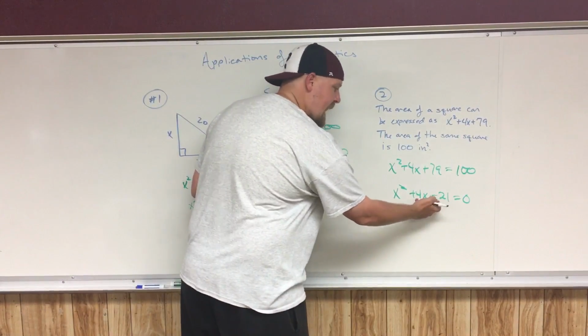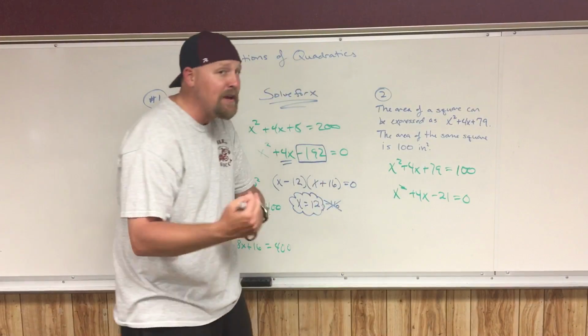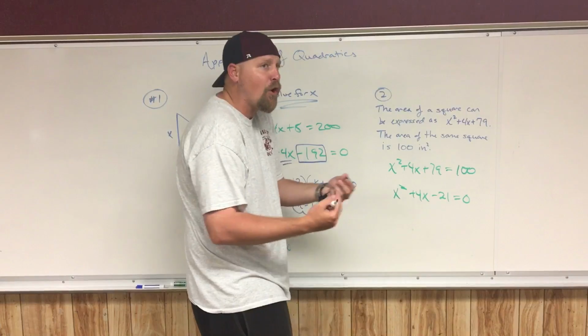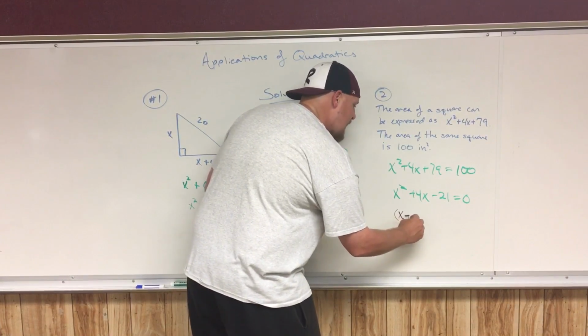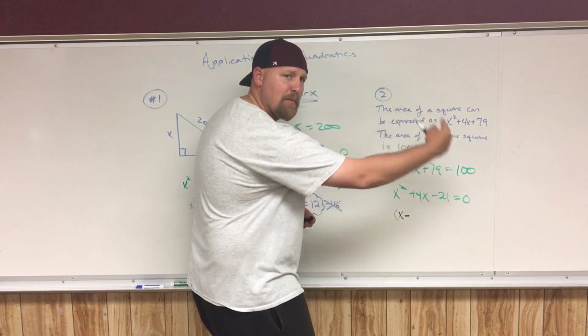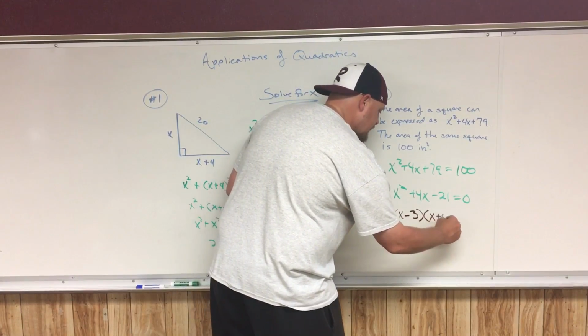Again, negative 21. So we're looking for the difference of factors to add up to be 4. Well, we know 3 times 7 is 21, and 7 minus 3 is 4. So we have x minus 3, x plus 7 equals 0, where the bigger factor takes the sign of the middle term.